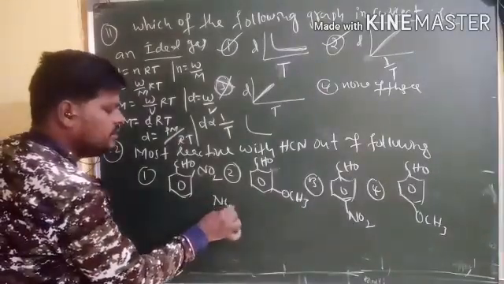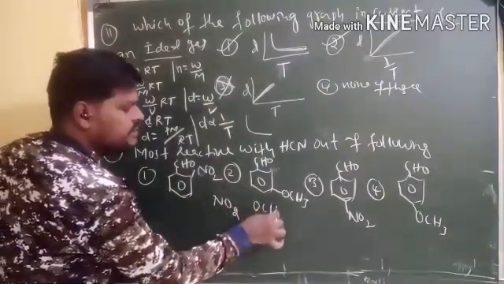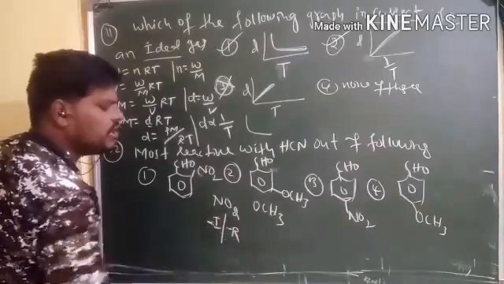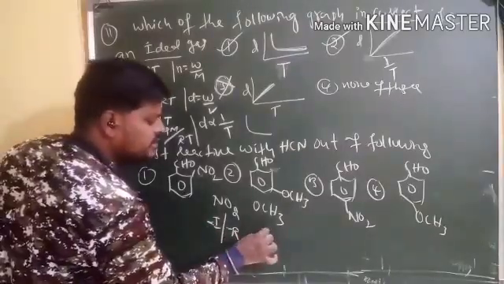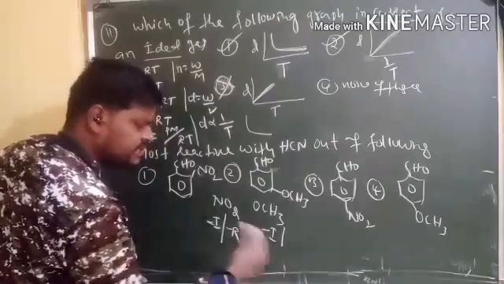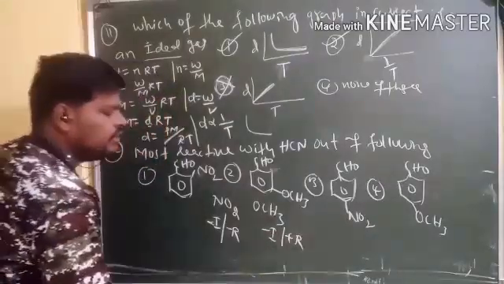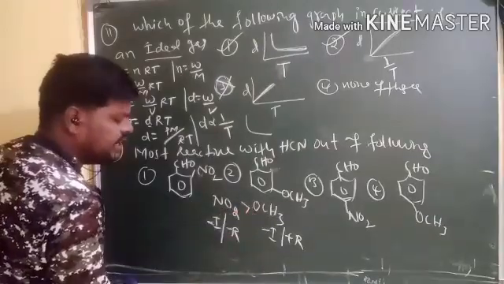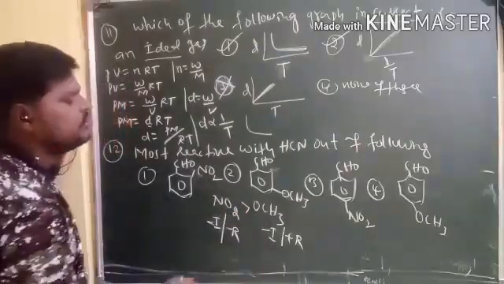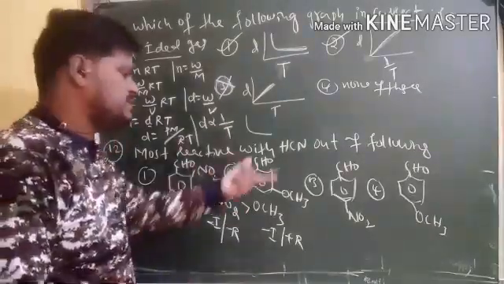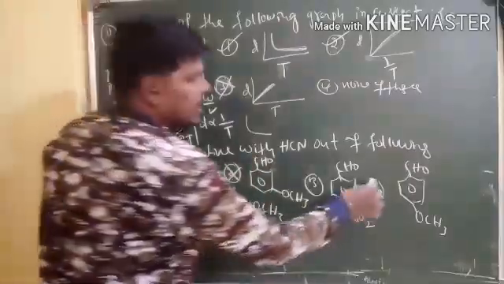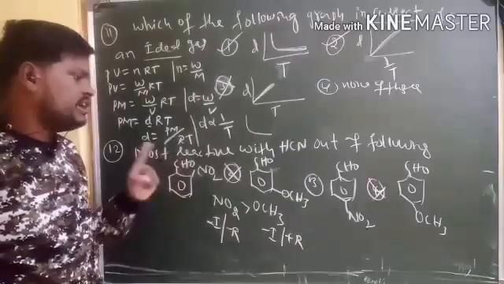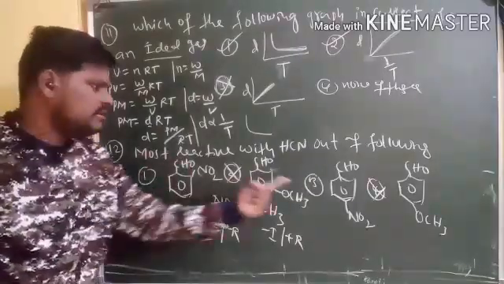NO2 has a negative inductive effect as well as a negative R effect. And here this has a negative inductive effect and a plus R effect. So based on this concept, NO2 is a more electron withdrawing group than methoxy. That's why the methoxy group is eliminated from this one. So option 2 and option 4 are not suitable. What are the correct options? Only between 1 and 3.